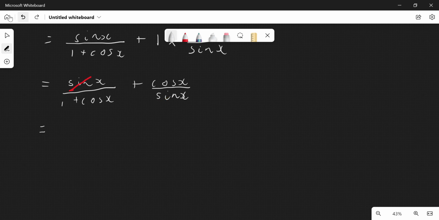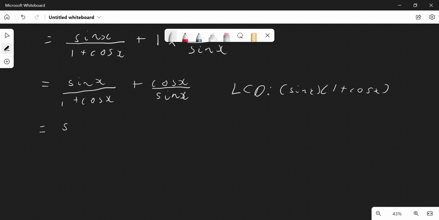So now I've got two fractions here, and we add fractions. We have our LCD, being sine x and 1 plus cos x. I'm going to do this quickly without writing too many steps.